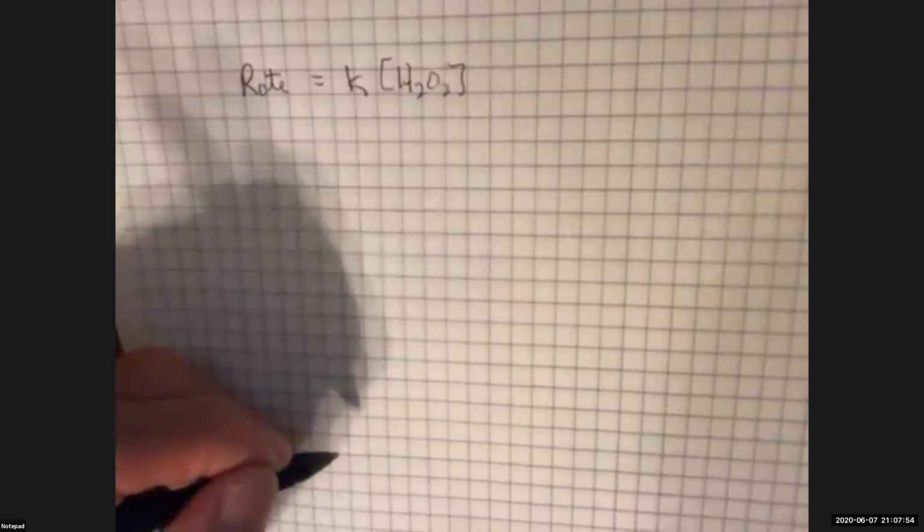So I want to start by going to the previous reaction and writing down what we figured out for the rate law. The rate is equal to the rate constant times the concentration of hydrogen peroxide to an exponent, and we figured out that exponent.